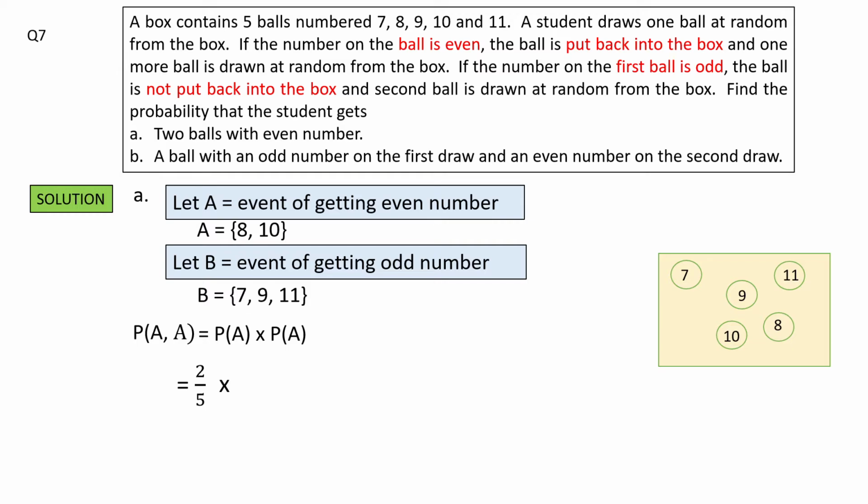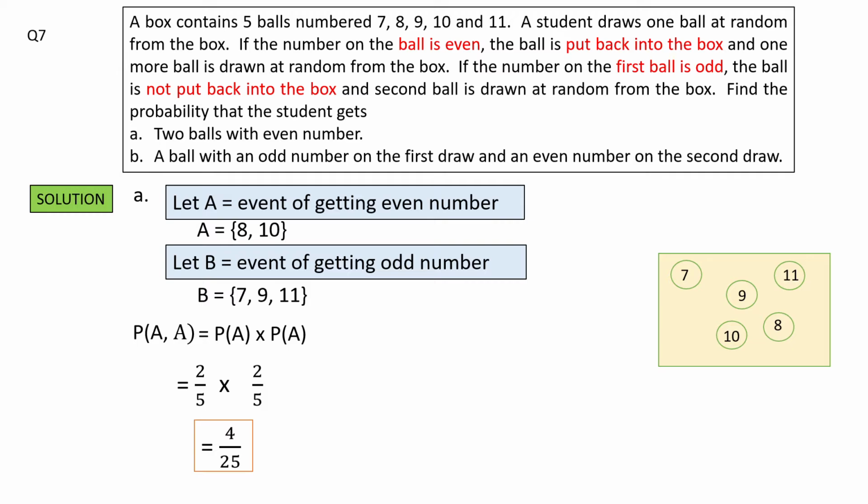So again, times probability A, therefore we have 2 out of 5. Remember, the even number ball is already put back into the box. Therefore, we still have 2 even number balls out of 5 balls. Simplify this to get the answer.